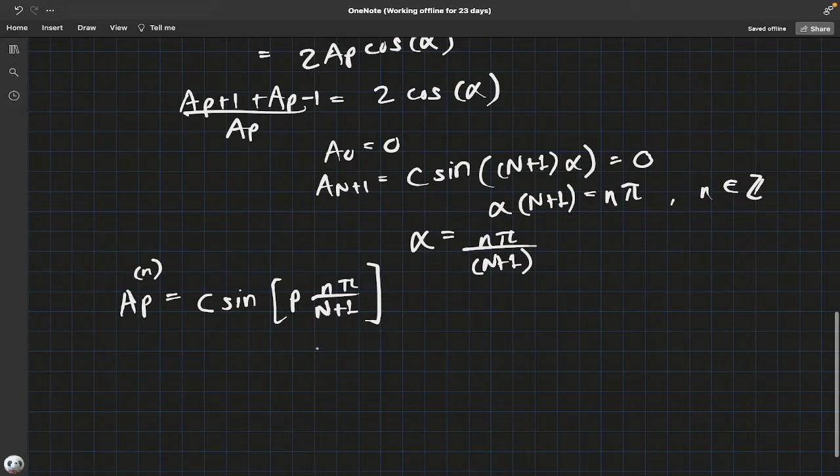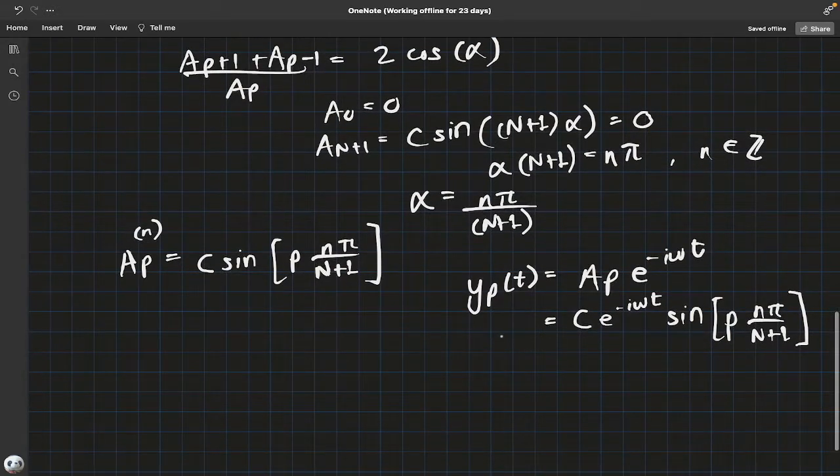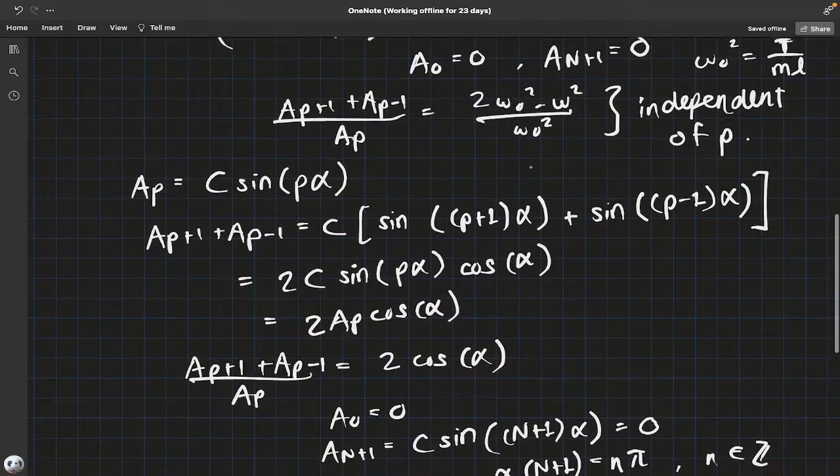So if you remember what our guess was, it was the amplitude times the time oscillating part. So this just means we have C times e to the negative i omega t sine of p n pi over N plus 1, but we still don't know what omega really is. But I mean, this formula is useful then. We can use this formula because this structure is just equal to this.